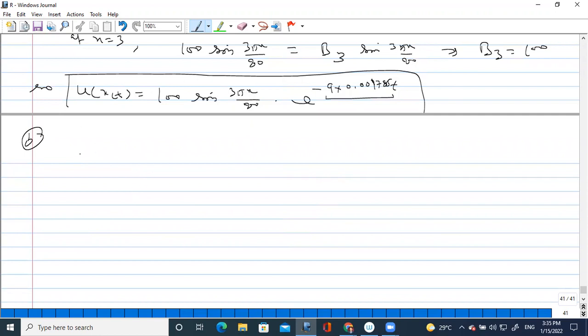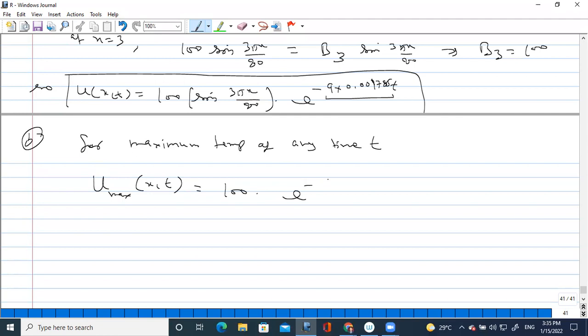For the B portion, because this has to become 1, for the maximum temperature at any time t, U maximum xt will be 100 into e to the power minus 9 into 0.001785 into t.